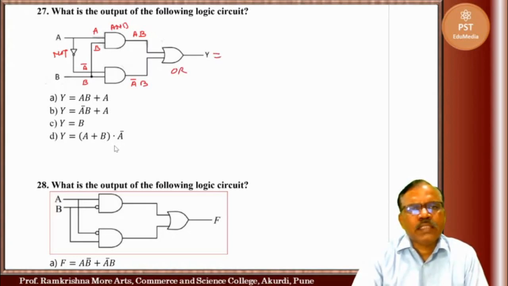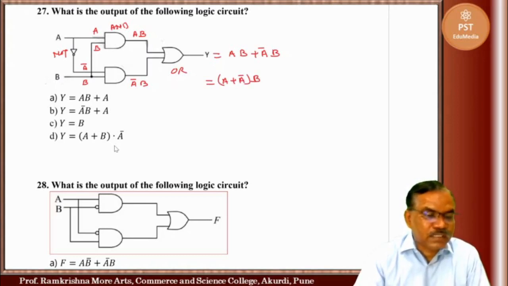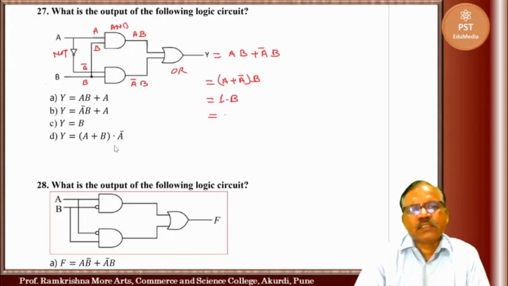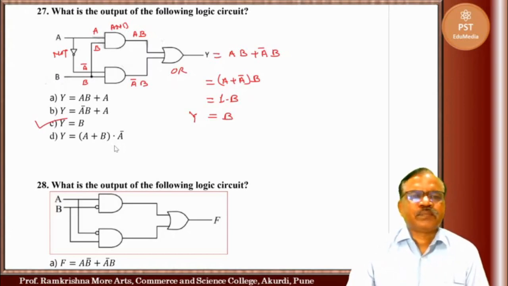So we get Y is equal to AB plus A bar B. Now you can have (A plus A bar) into B. And what is A plus A bar? A plus A bar is 1. 1 into B, that is B. So output is B. So this third one is correct.